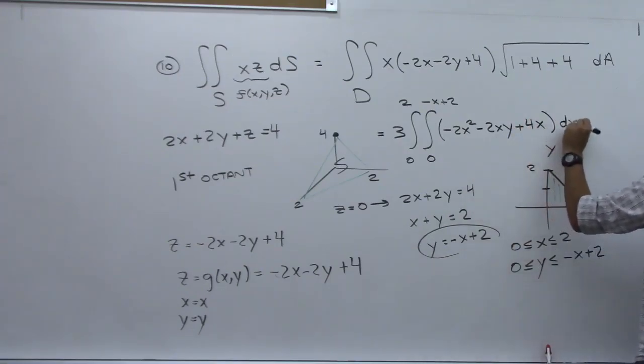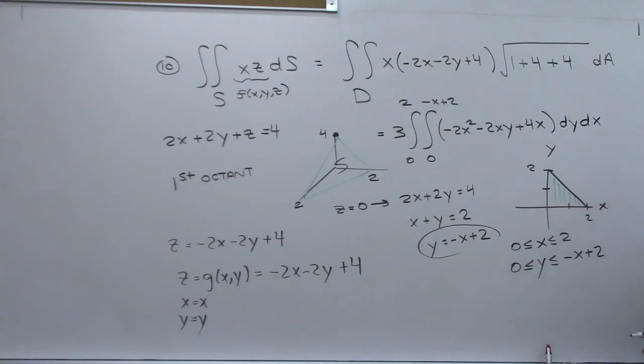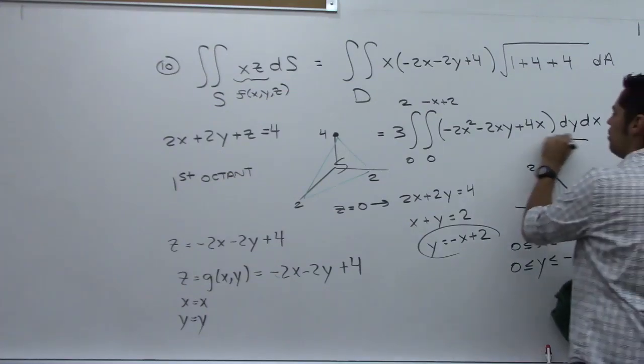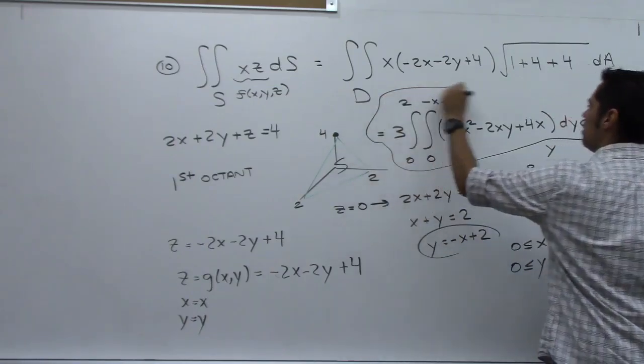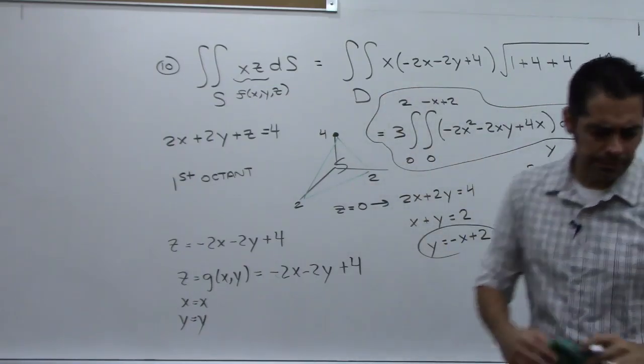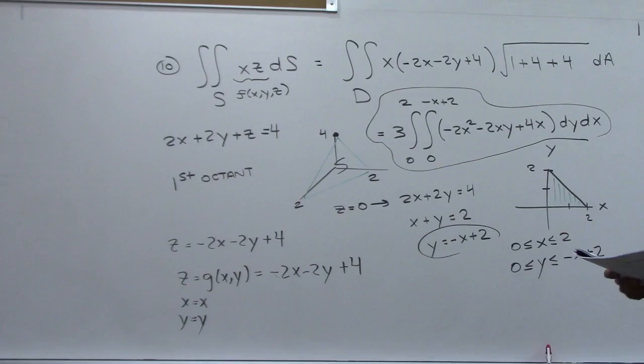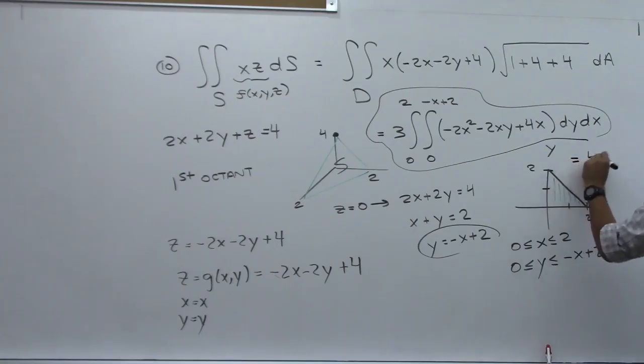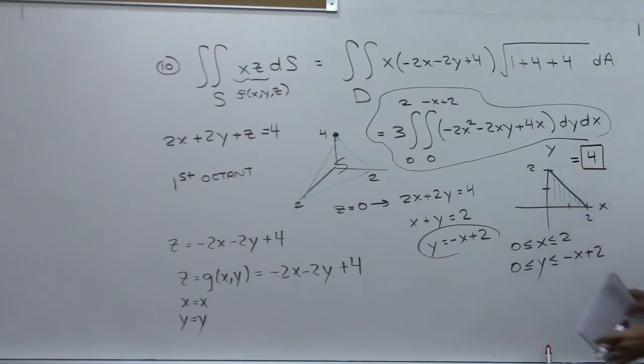And I'm going dy dx. I have to use that order because this was a type 1 region. So we're looking at trying to evaluate this double integral. And then I'll let you work the rest of this out. This should equal at the end of it all 4.